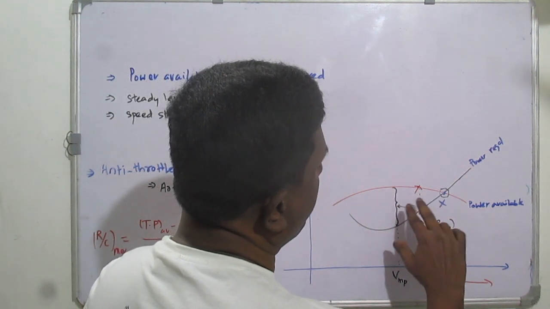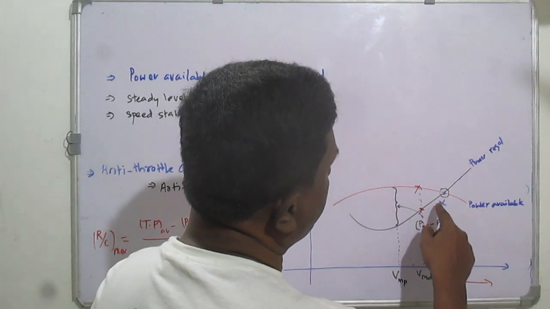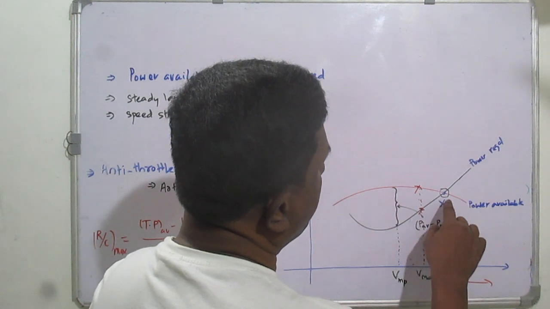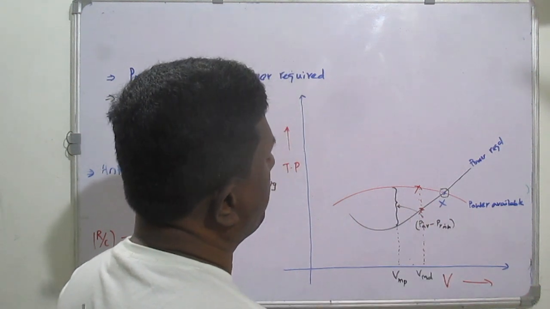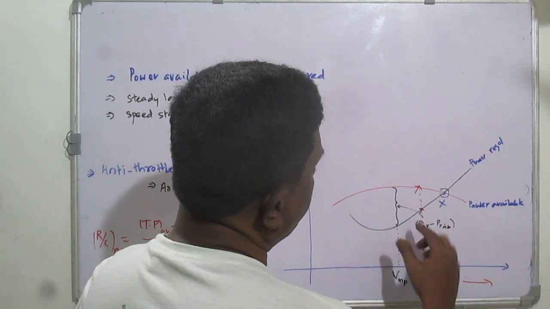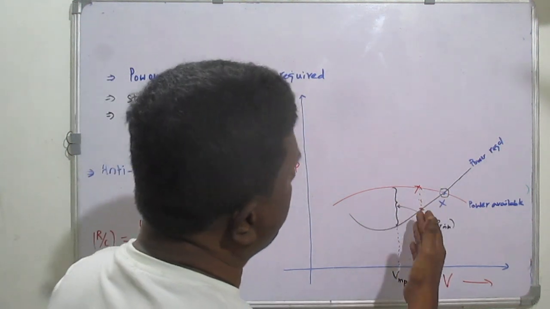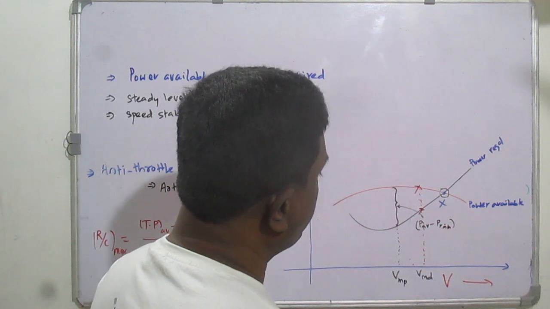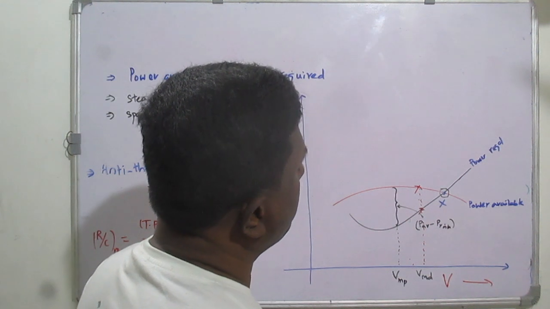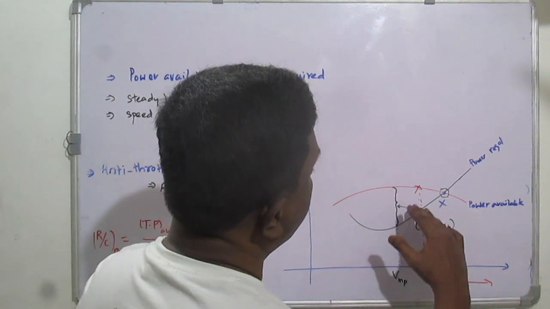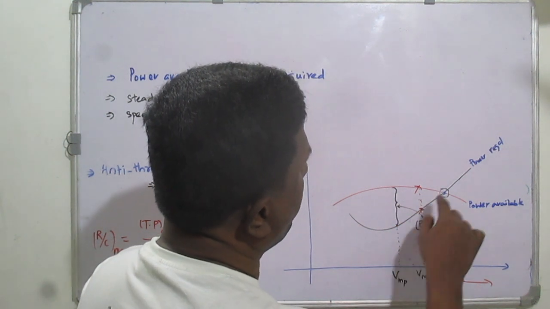So in that condition, we can go forward to this point so that we can achieve the speed stability. Because when we are at this point, the aircraft is under climbing condition. When we are at this line, the aircraft is under climbing conditions. So once the climbing is done, then we have to go back to this point.